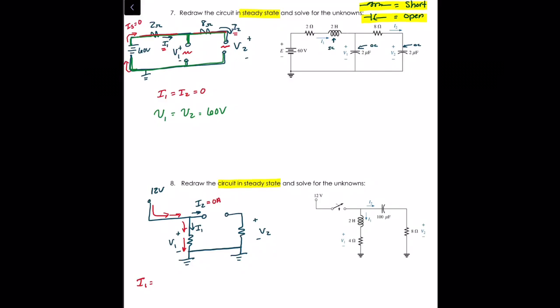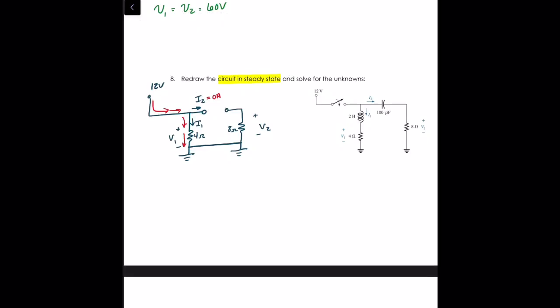For instance, we have a resistor here that's a 4 ohm resistor. I should have put in the resistor values. So to find I1, we would take V1 divided by R1. And V1 in this case, if you notice, whoops, I'm going to have to redraw some things here.